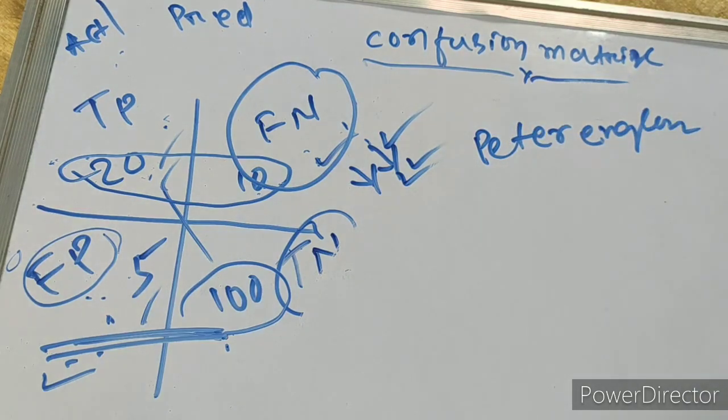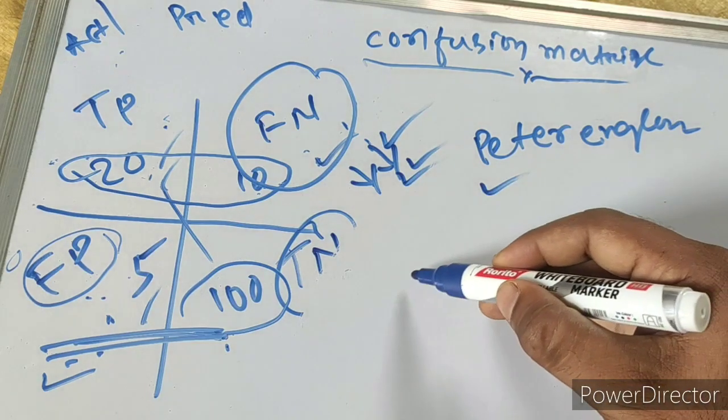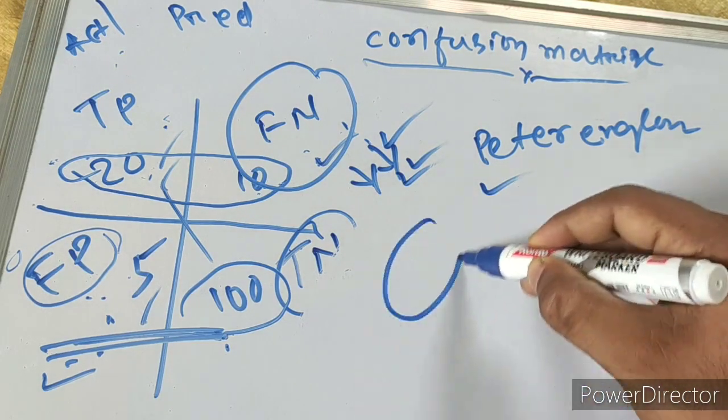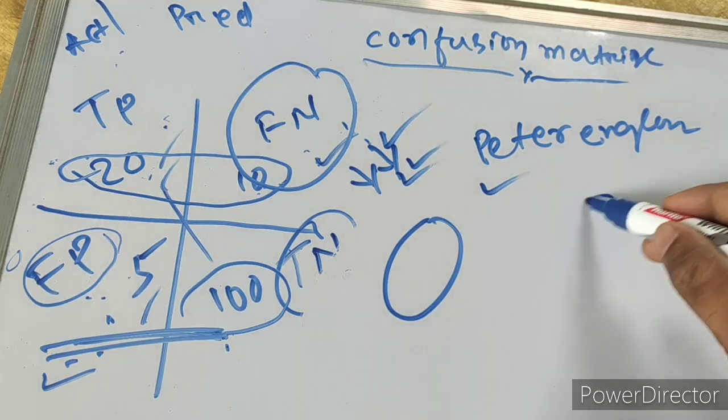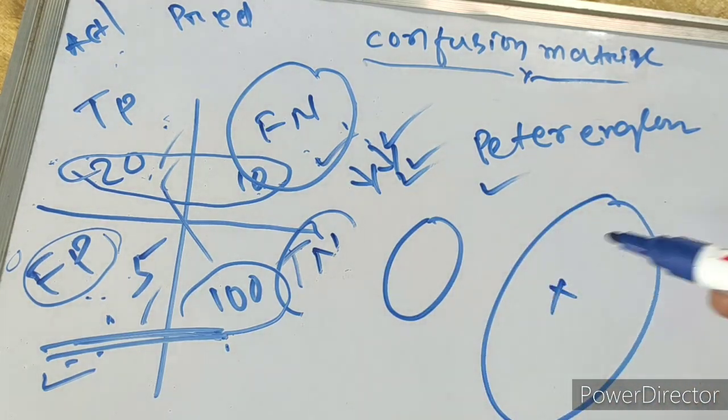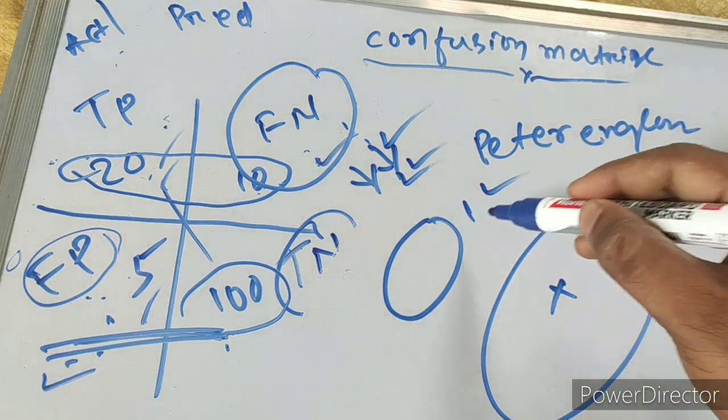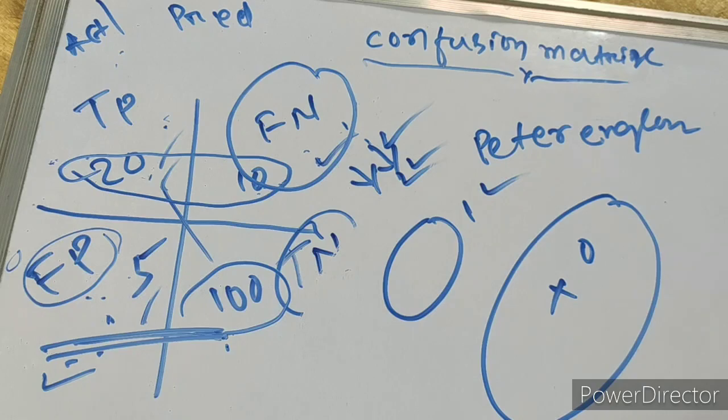Apart from Peter England clothes, there are some other clothes which look like Peter England. So in that scenario, we need to classify so that we understand how many are actually Peter England clothes and how many are not Peter England. So this is 1, this is 0.